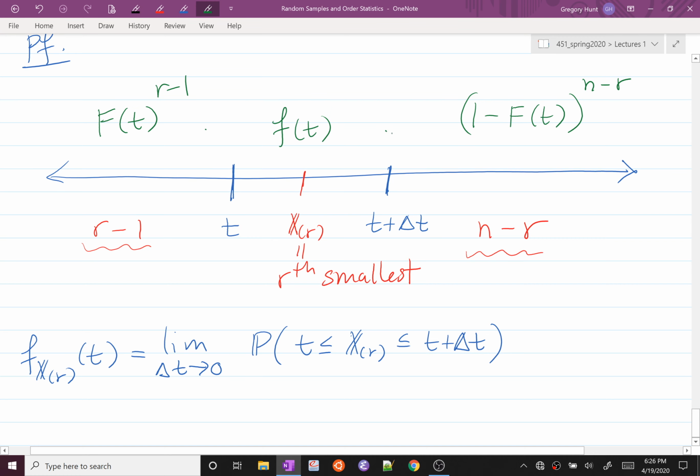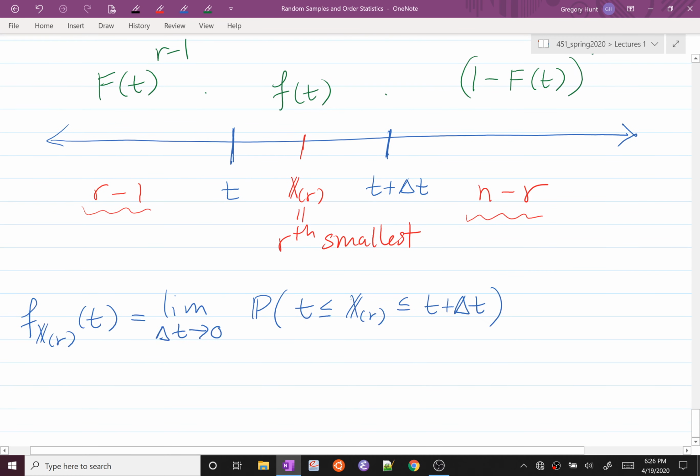Because everything's independent, I should just be able to multiply these. So I should get something like F of t to the r minus 1, 1 minus F of t to the n minus r, times a little f of t.